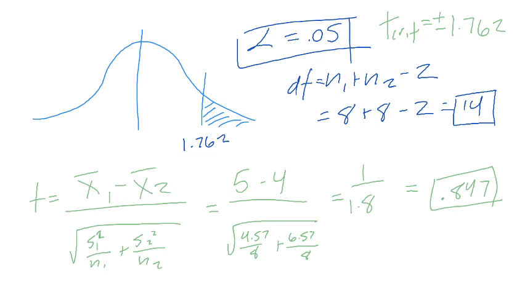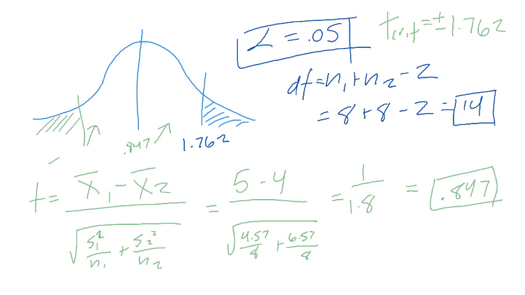So if we go ahead and put this on our curve here, it's not in our critical region. Notice again that we have a positive value here, so this is where that value would go. But even if it were to go over here, and maybe we had set up our critical region to be over here, it wouldn't be over there either.